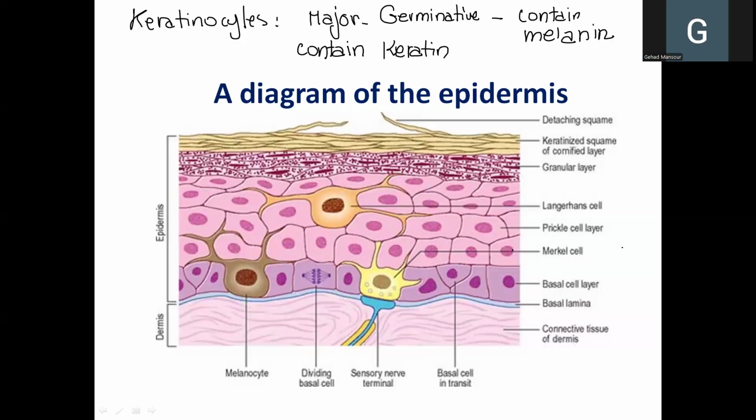So these are the two cells that we've talked about before, but we have a third cell, which is Merkel's cell. Merkel's cell actually is a sensory cell, as we said before, and this sensory cell is connected to a sensory nerve ending, to a sensory nerve that passes to the dermis.